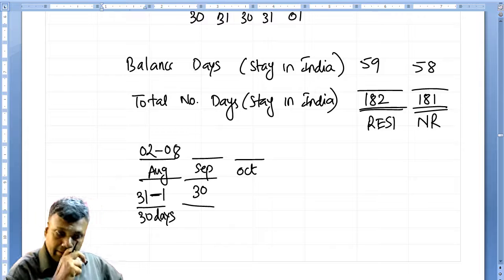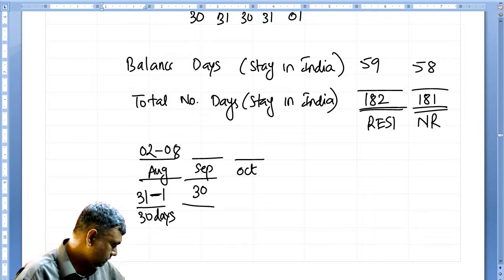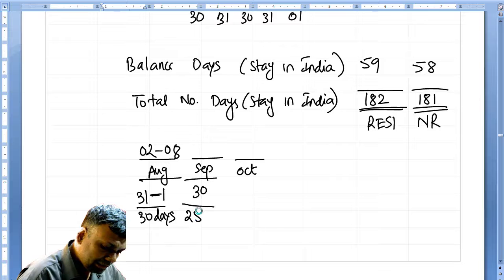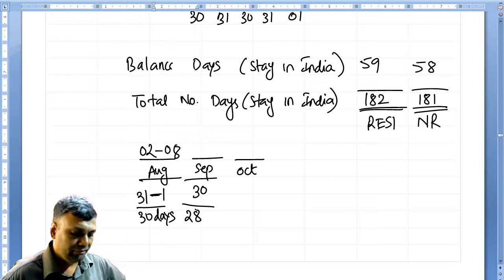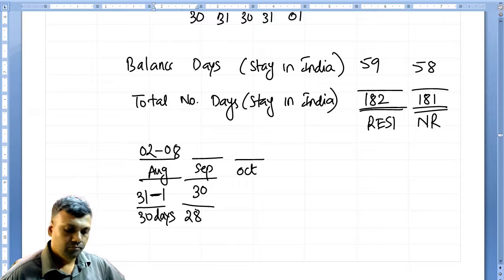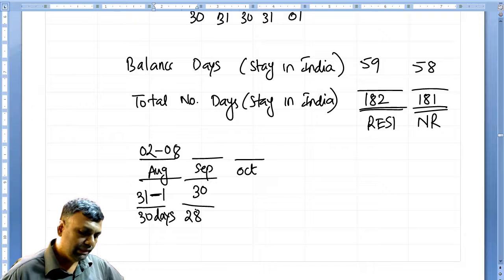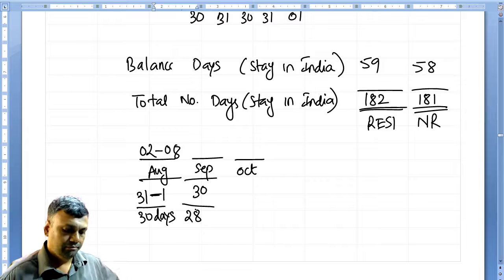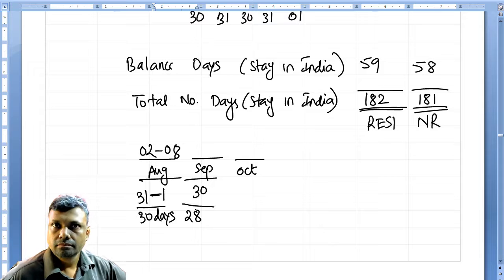Okay. So, you can stay here for 28 days. Total will become 58. September total number of days is 30 days, so you can stay up to 28.